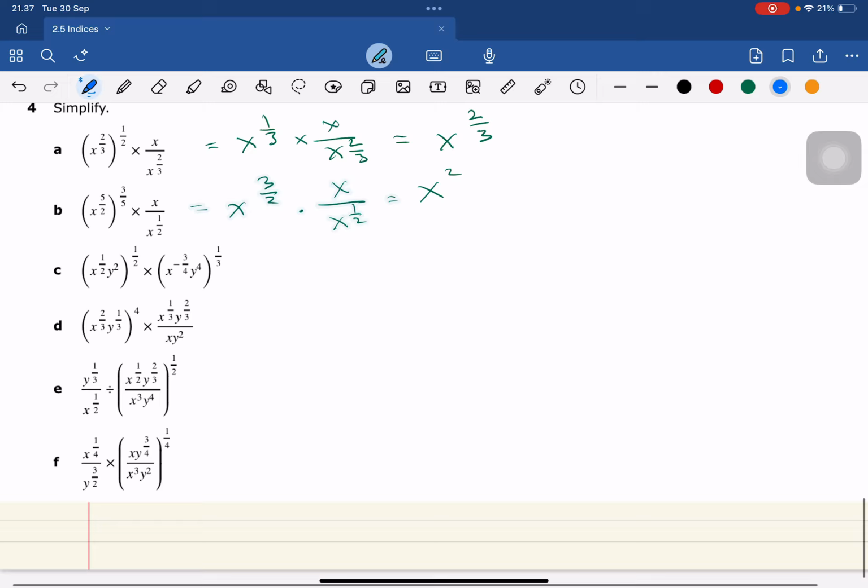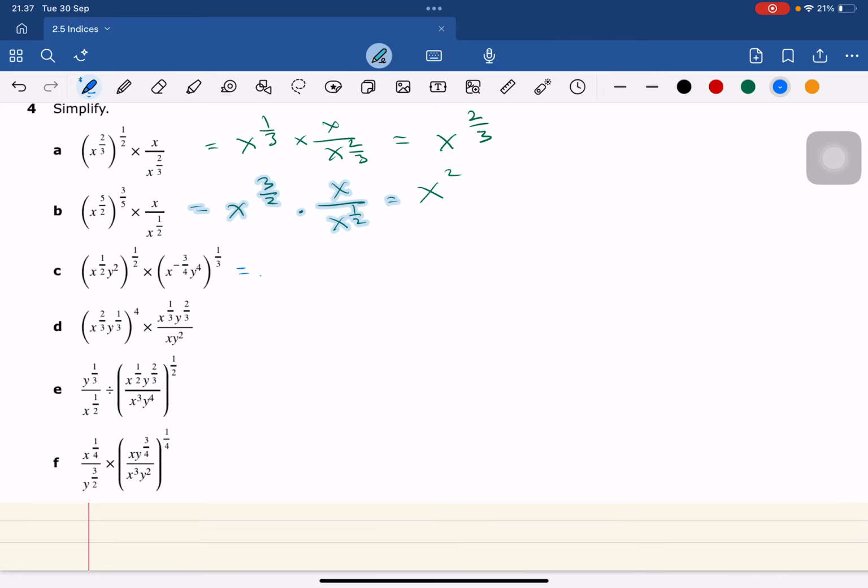Next for the C. Okay, this is x 1 over 4 and then y only, multiplied by x power of negative 1 over 4 and then y 4 over 3. This will give us the answer. Oh, look at that. It's going to be 1, it's going to be y power of 7 over 3.